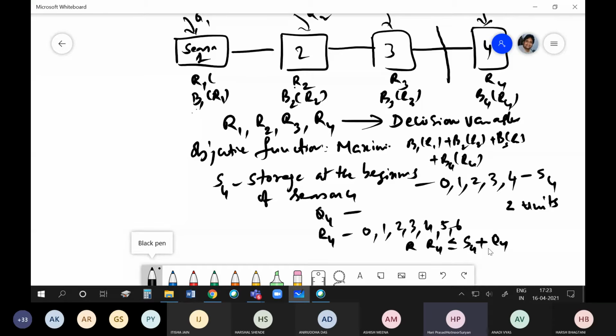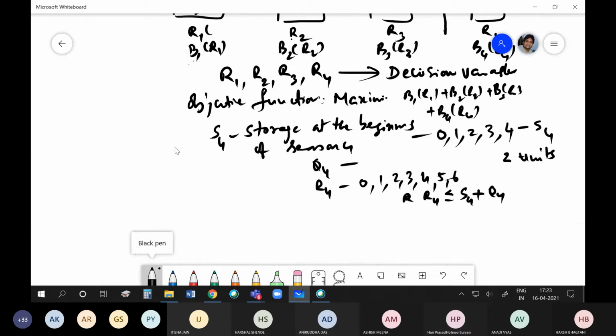And what is the other constraint we will have? The capacity of the reservoir is 4 units. S4 plus Q4 minus R4 should be less than or equal to 4.